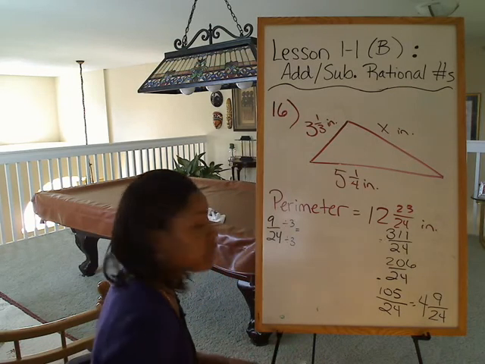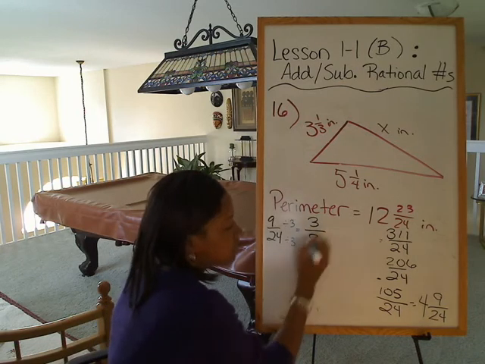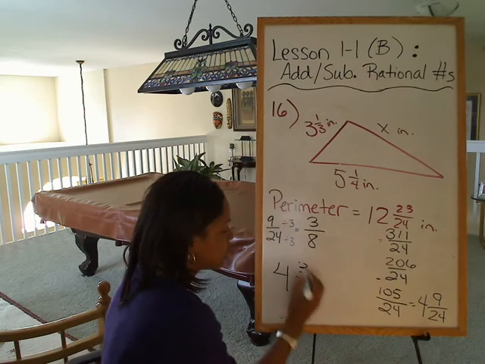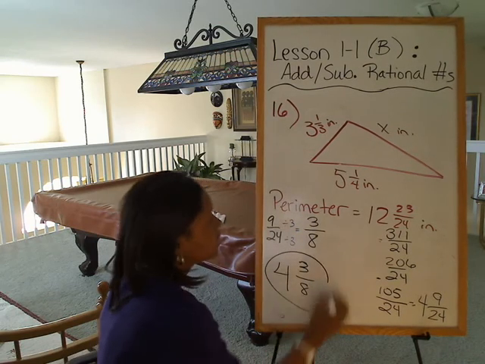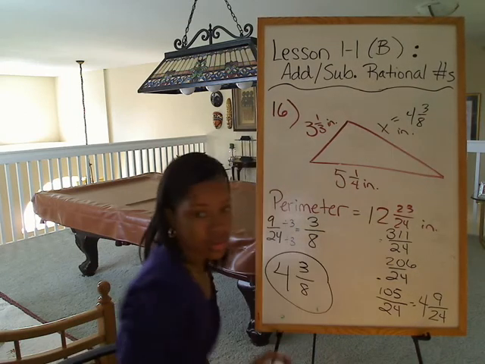And you get 9 divided by 3 is 3. 24 divided by 3 is 8. So your final answer is 4 3/8. That's the length of this missing side, 4 3/8 inches.